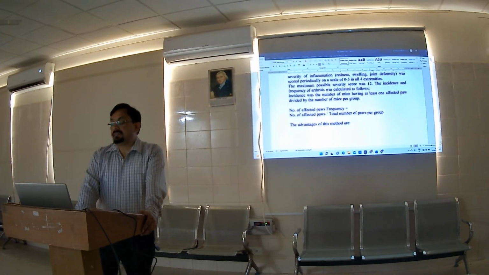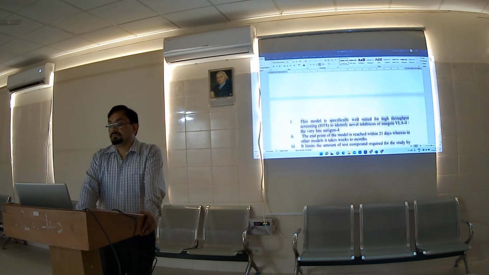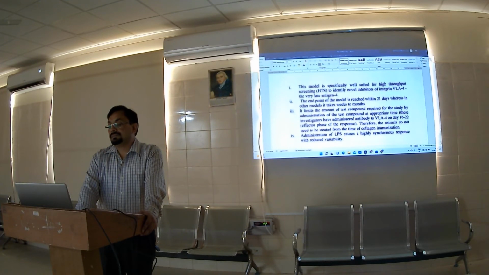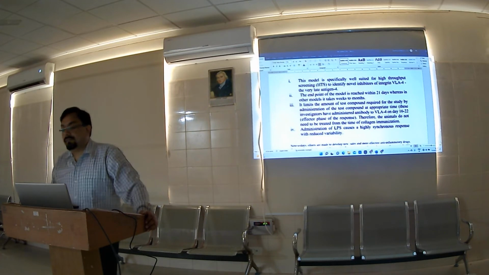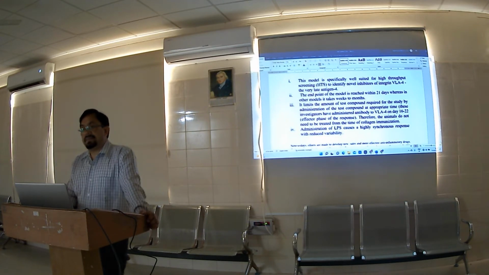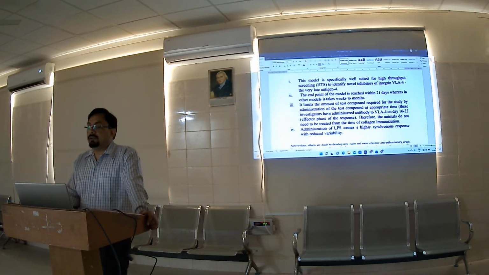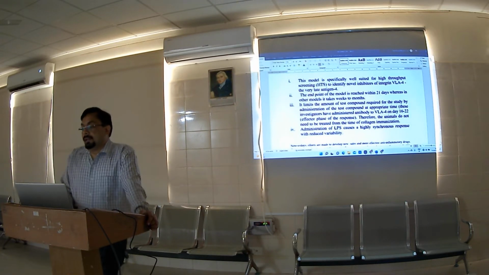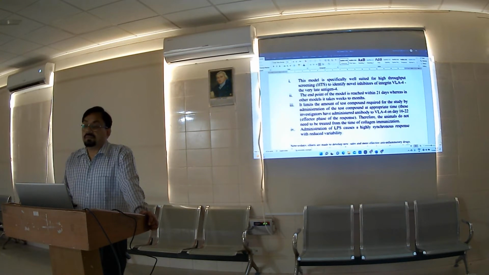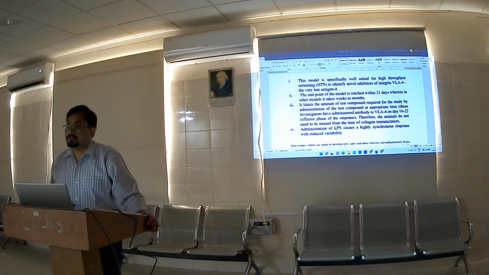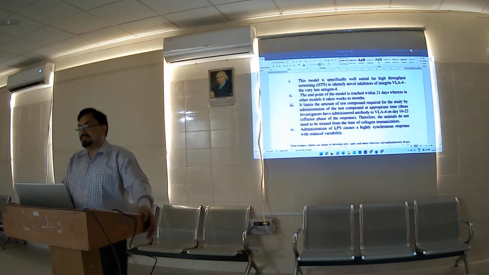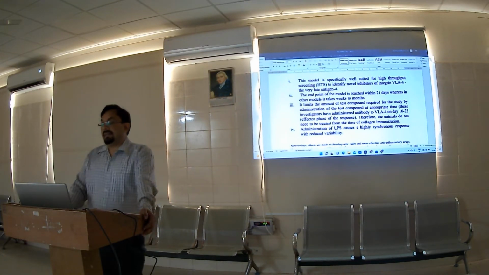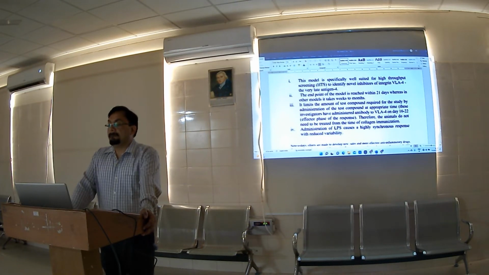The advantages of this method: number one, this model is well suited for high throughput screening (HTS) to identify novel inhibitors of integrin VLA4. What is VLA4? The very late antigen 4. The endpoint of the model is reached within 21 days, whereas in other models it takes weeks to months.